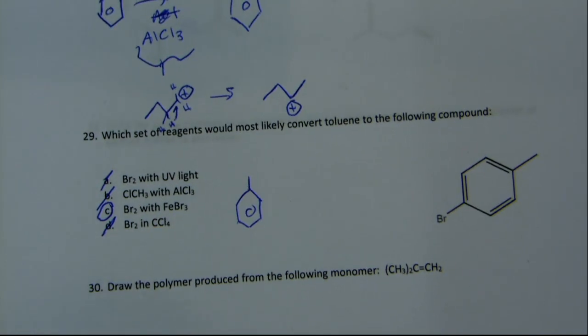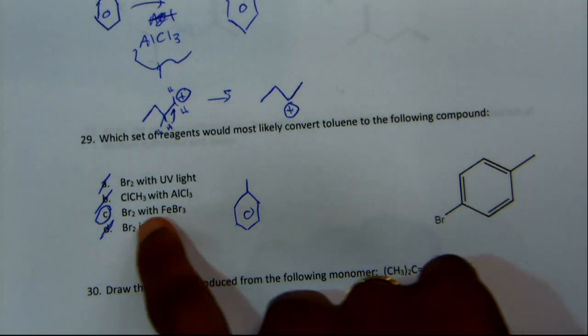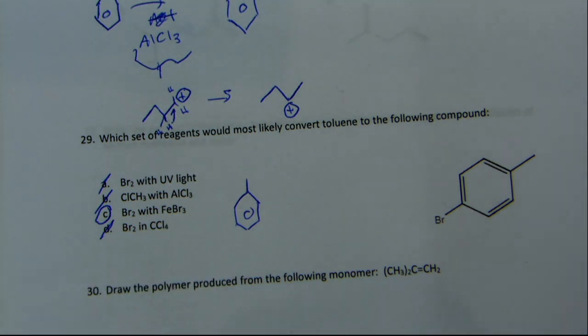I don't understand why we have to use iron over light. I guess that's my problem. So the benzene ring, is it reactive in general? No, right? But methyl is a slight activator. My benzene ring's really stable, so all this reaction with the iron bromine makes it much more electrophilic.